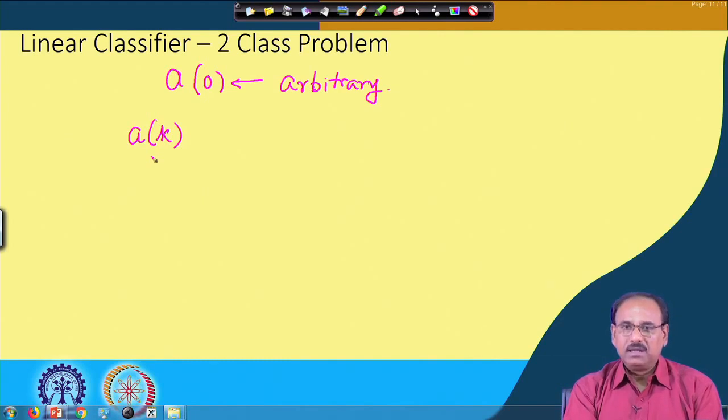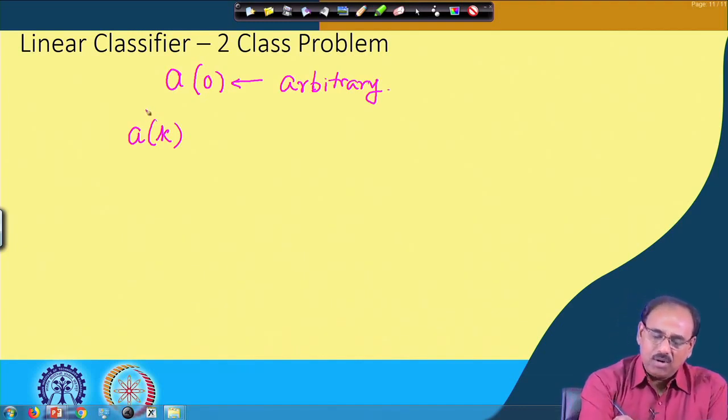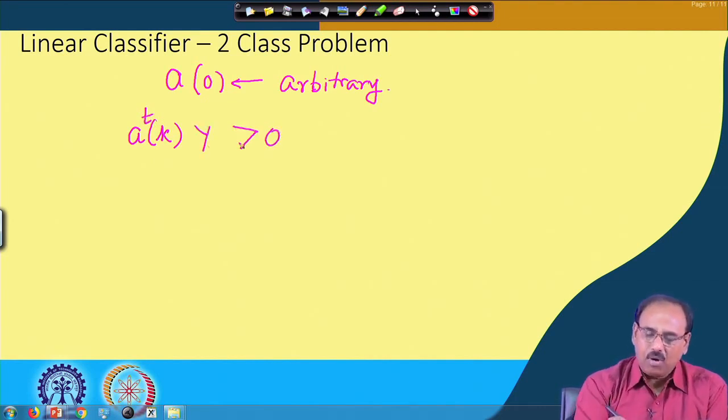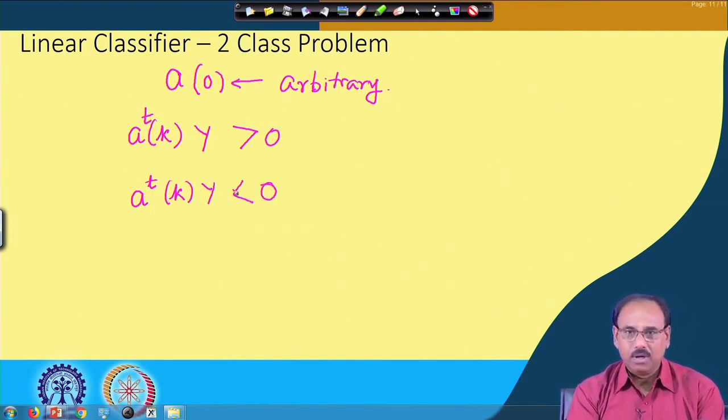It is possible that this solution vector a k at the kth step will correctly classify some of the samples and will misclassify some other samples. For all the samples which are correctly classified, I will always have a k transpose y greater than 0, and for all the samples which are incorrectly classified, I will have a k transpose y less than 0, irrespective of whether the vector is taken from class omega 1 or class omega 2, because all the training vectors taken from class omega 2 have been negated.